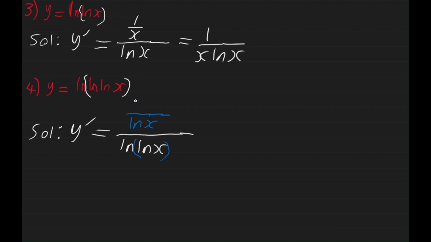Differentiate ln x, which is 1 over x. So this is equal to 1 over x ln x, ln x.